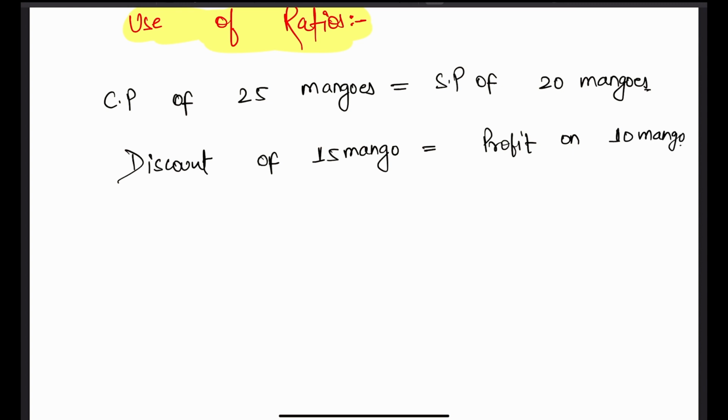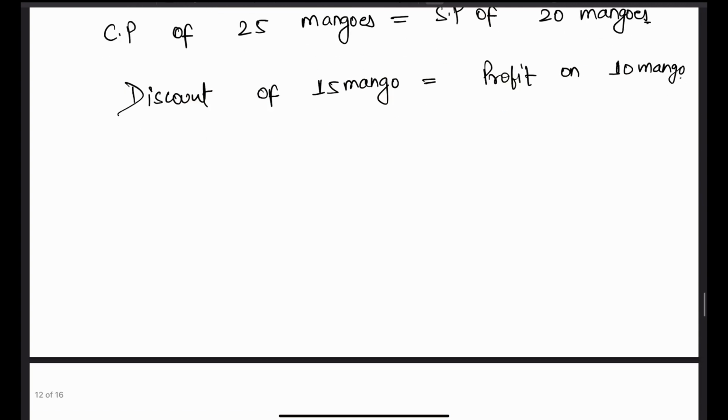Again the same concept as what we have done with the CP and SP above. So if the question is asking the difference between profit percentage and discount percentage, how do we tackle this type of question?